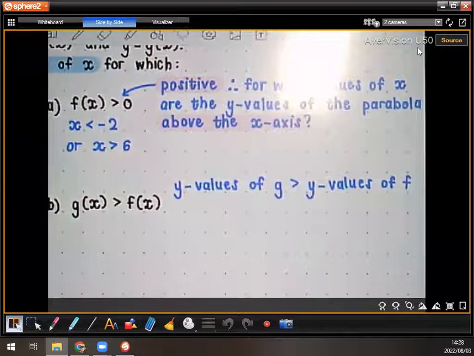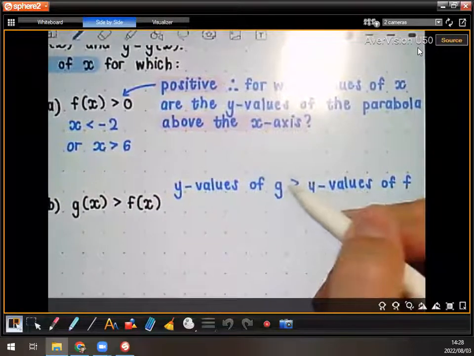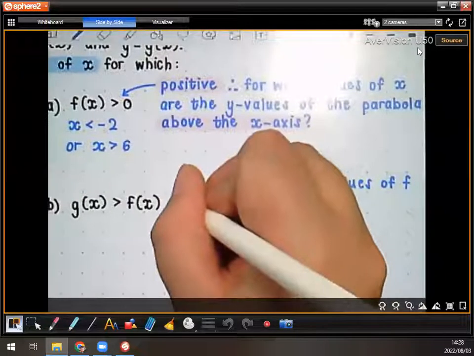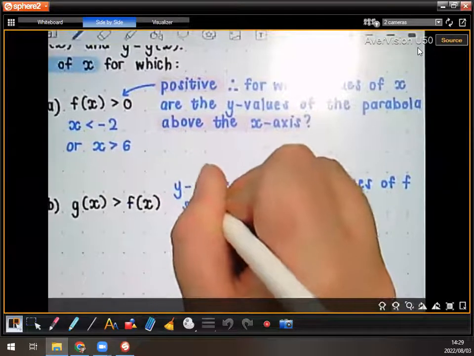So guys, what that means, if we don't want to use the symbols, we just want to speak in English about this, we're going to say, where is g? Where is the straight line? Higher up, right? Greater than. Higher up along the y-axis than the parabola. Okay, so I'm going to write straight line, because that is what g is.